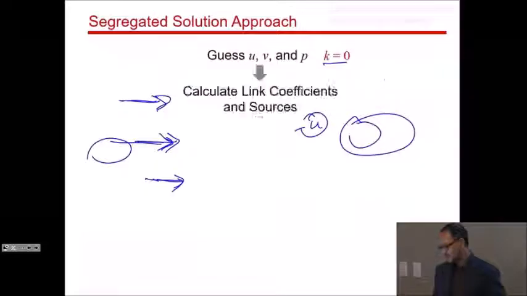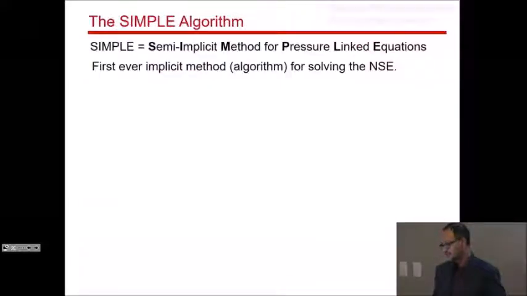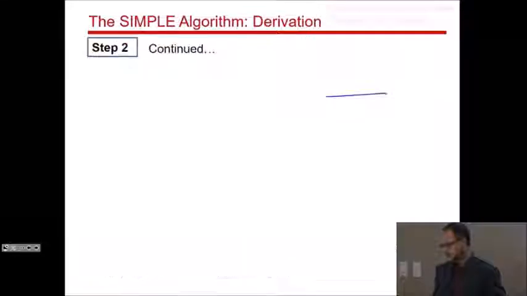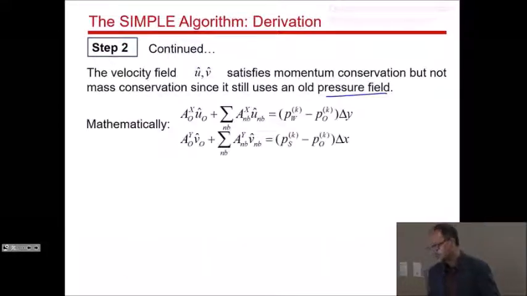So that's what we're saying here, that these guys conserve momentum, but not mass. These are the velocities that satisfy the momentum equations. So instead of using U and V, I'm using U hat and V hat here, because that's the equation they're actually satisfying.